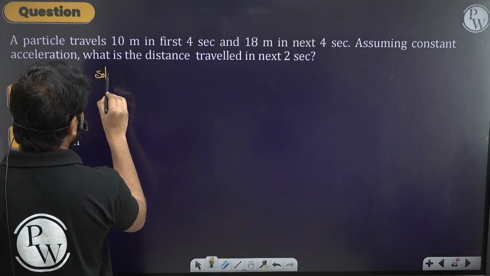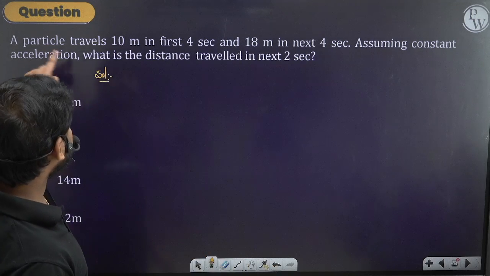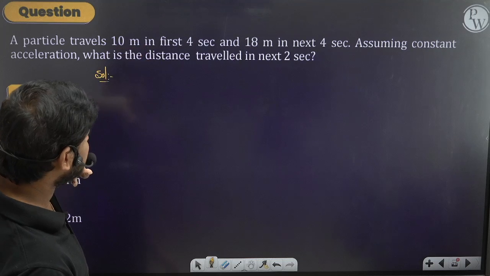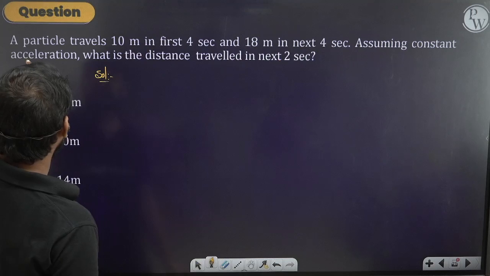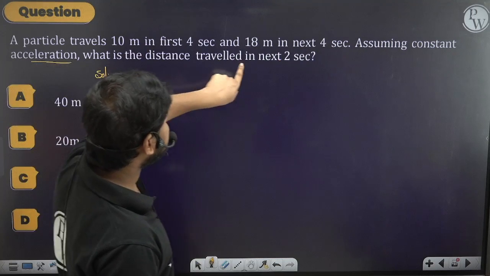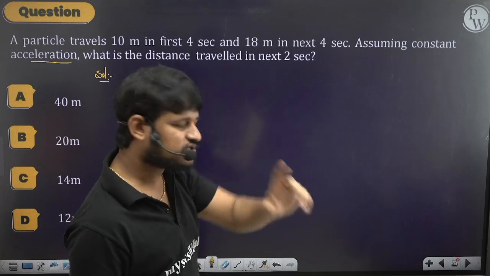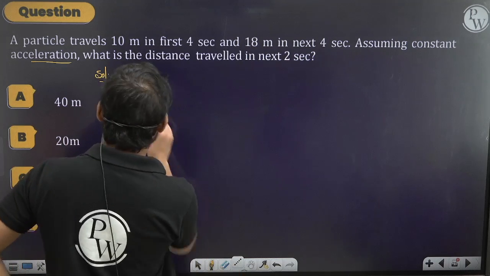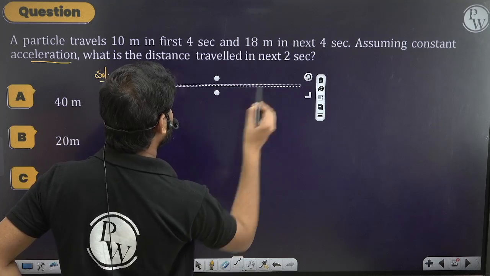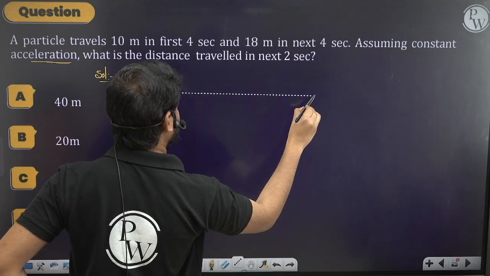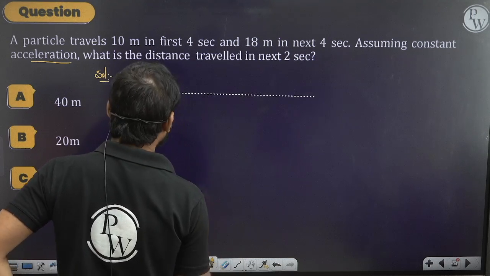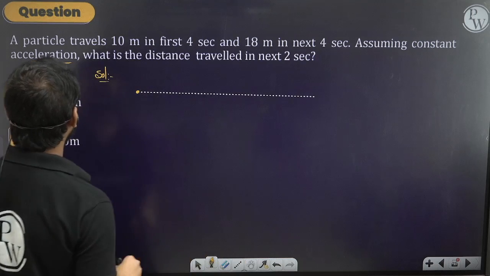Understand the question first. A particle travels 10 meters in the first 4 seconds, 18 meters in the next 4 seconds. Assuming constant acceleration, what is the distance traveled in the next 2 seconds? See here how to solve this question. First, let's say this is the path the body traveled. Let's suppose the body has started from here.